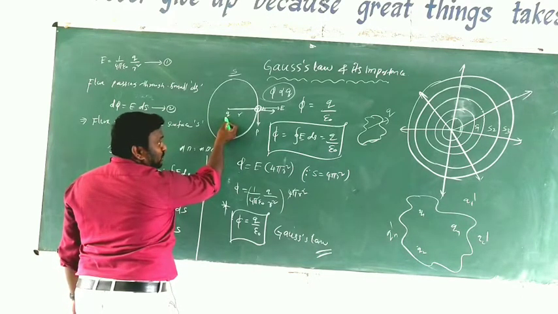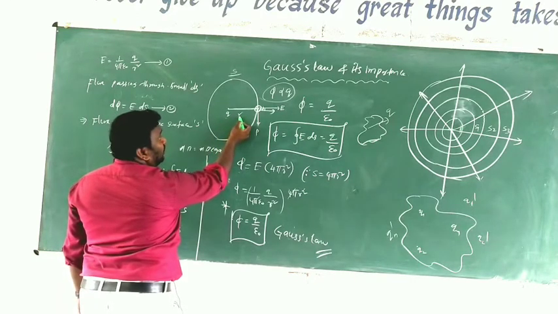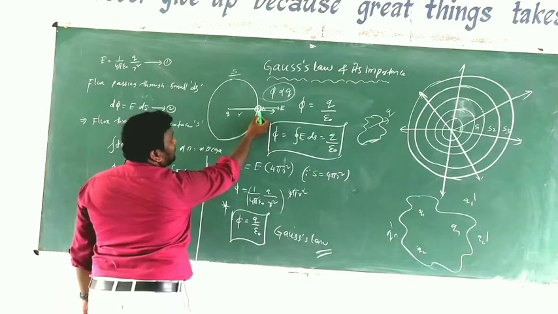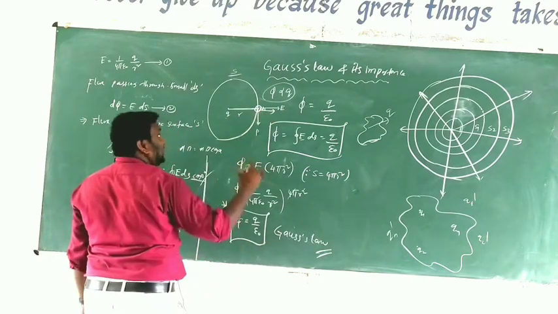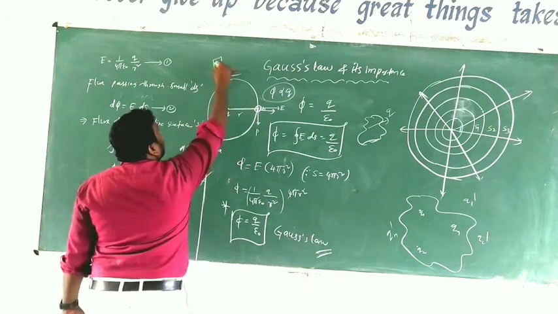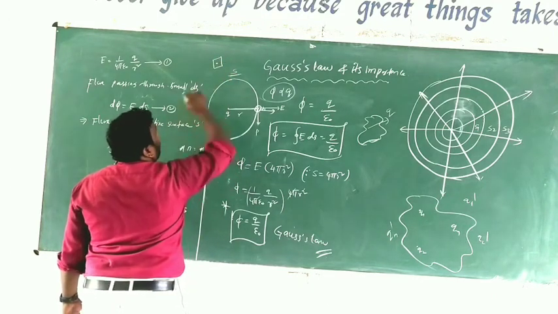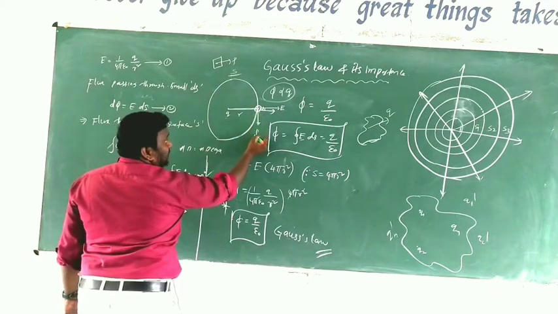At a distance r from the charge q, we select one small elemental surface ds, and in that we select one point, the point p.